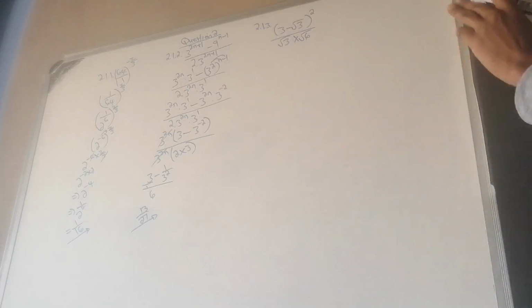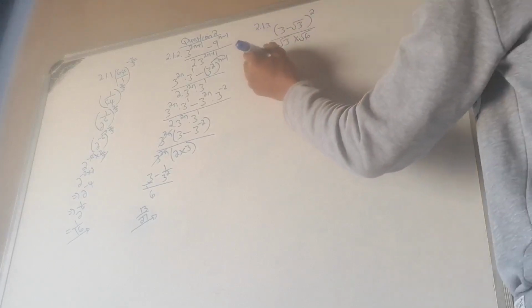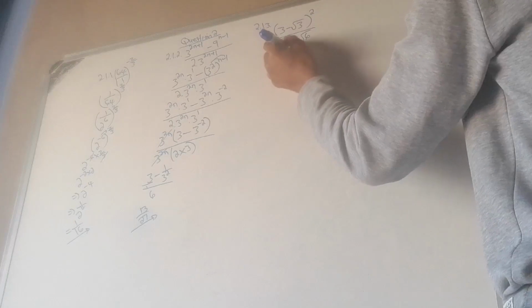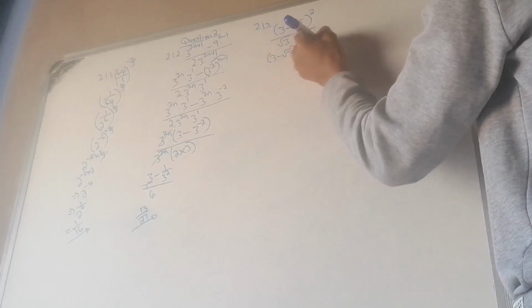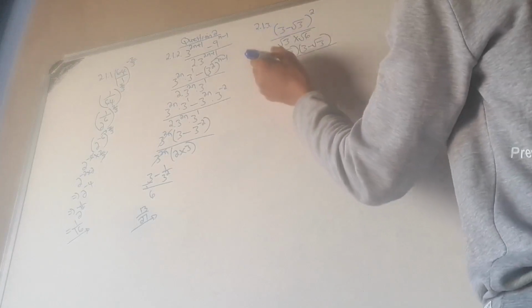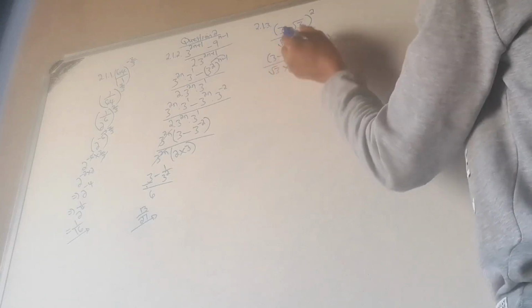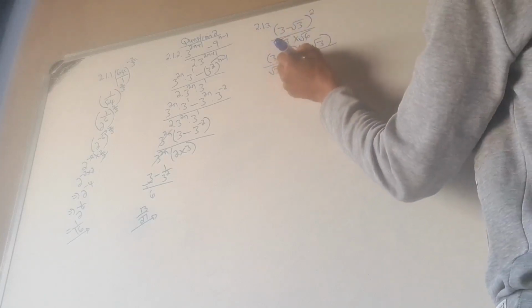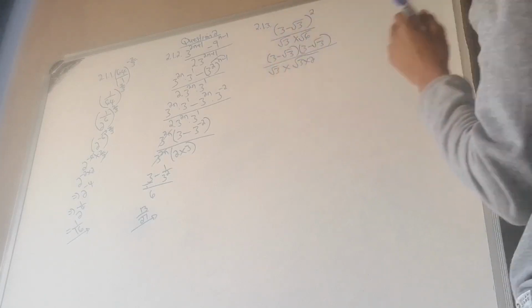I will write square root 6 as root 3 times root 2.